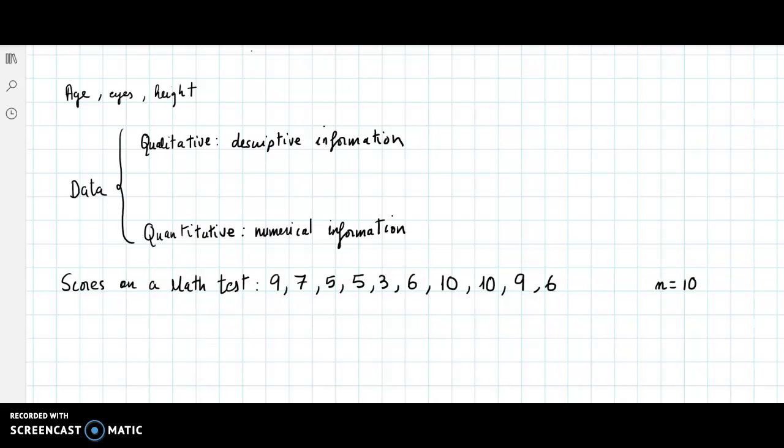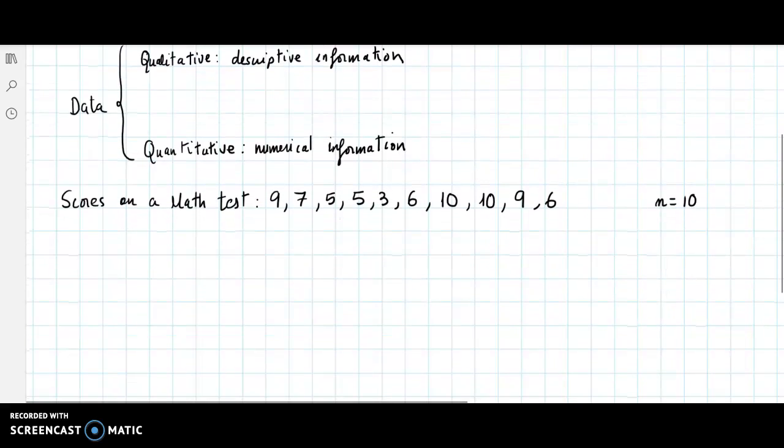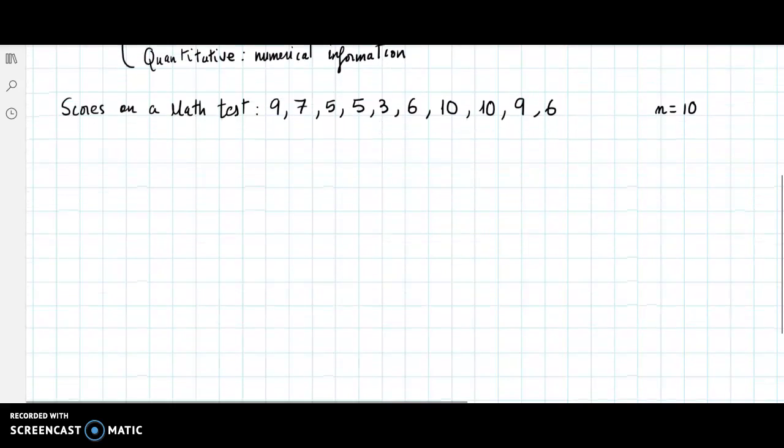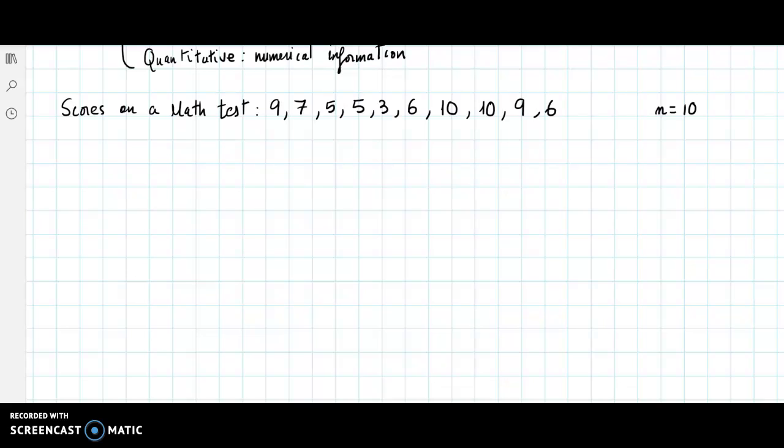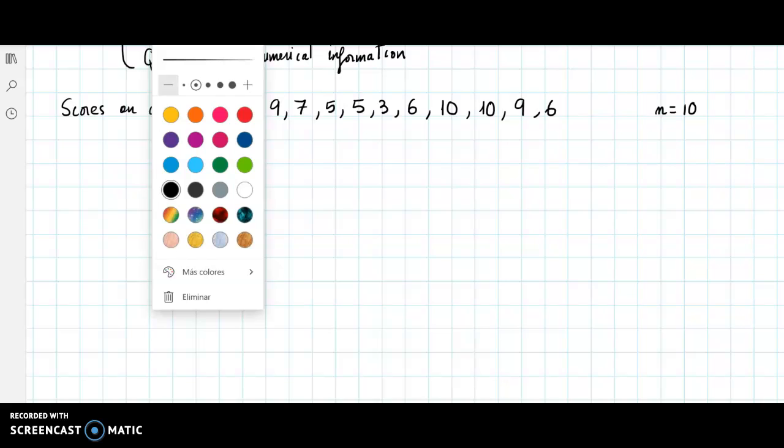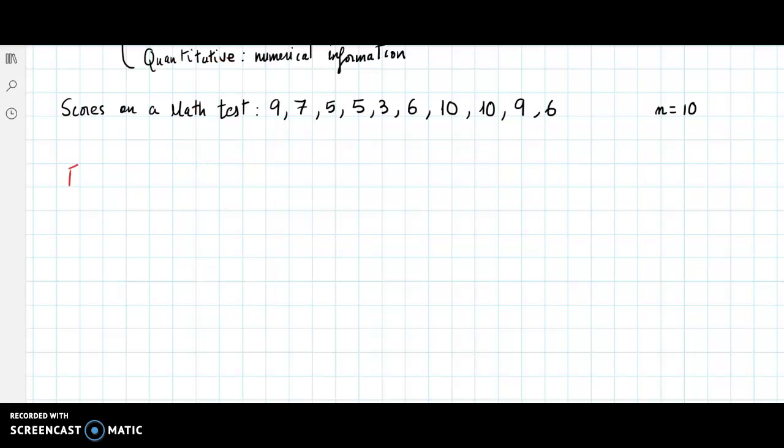Well, now we are going to see a way to represent this data. This way is called a frequency table.